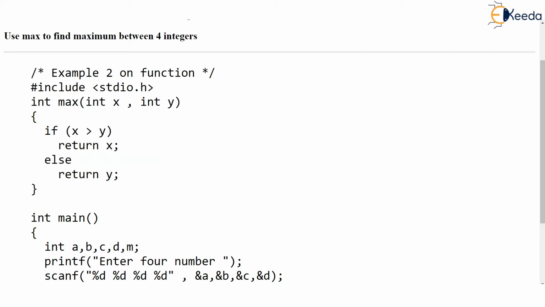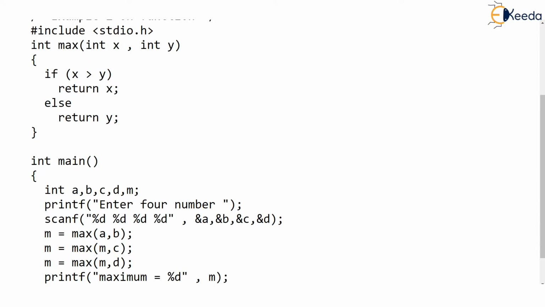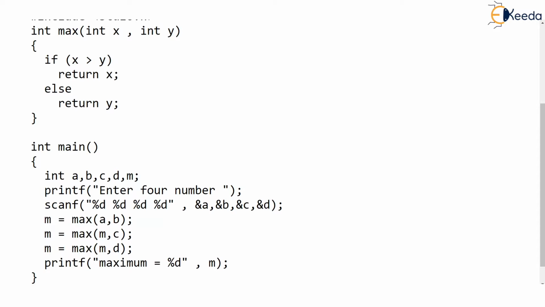Now have a look at the second part of the question. The second part says use max to find the maximum between four integers. So here comes main. Main is going to use the function. Just check main. In main, we have four integers, a, b, c, d, and we are going to ask the user for the values of a, b, c, d.